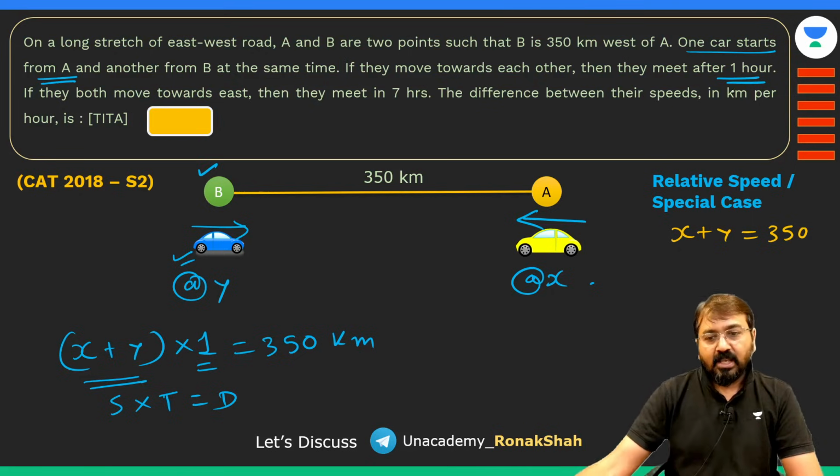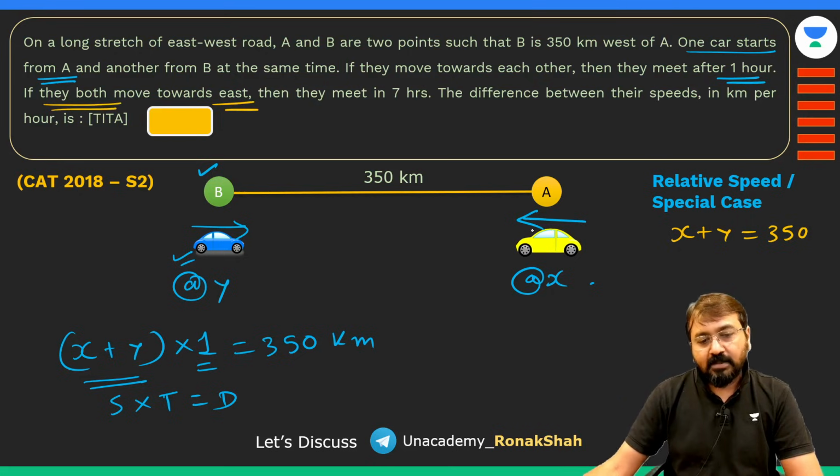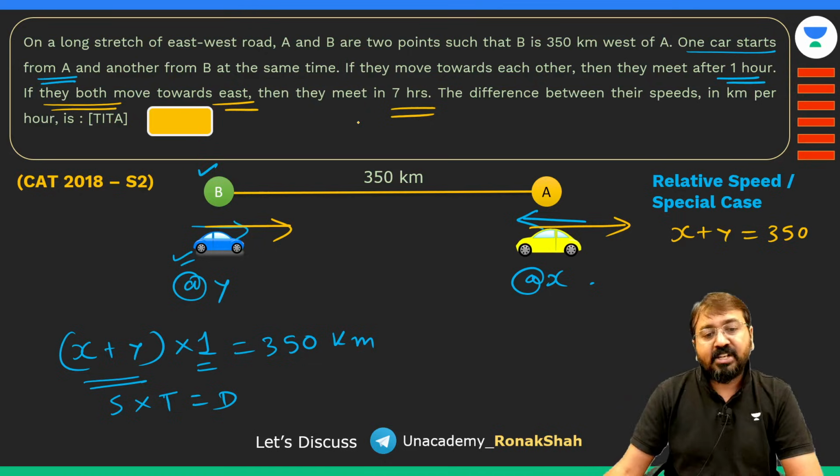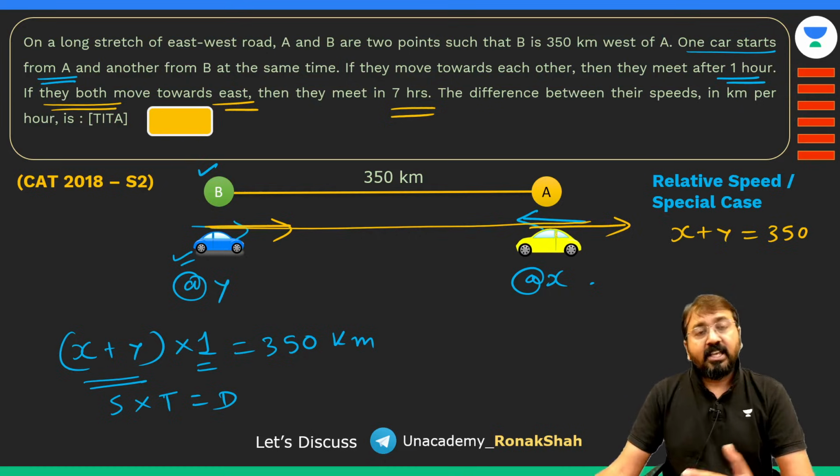That's it. And if they both move towards east, if they are moving in the same direction, then they meet in 7 hours. Matlab this car catches the second car in 7 hours.